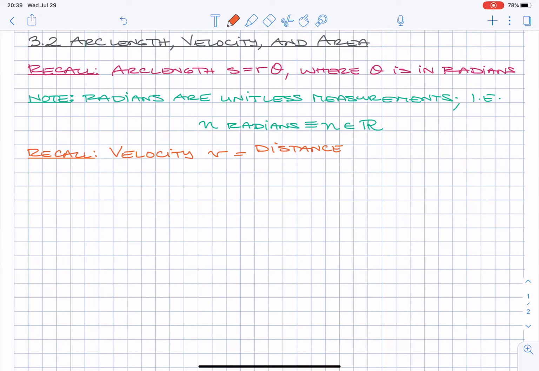So distance over time. And we annotate that by s, the length, over t, the time, because now we're dealing with circles.